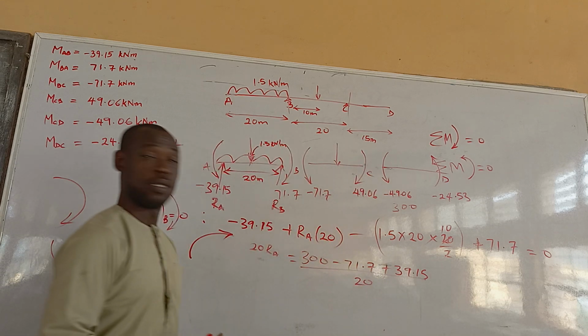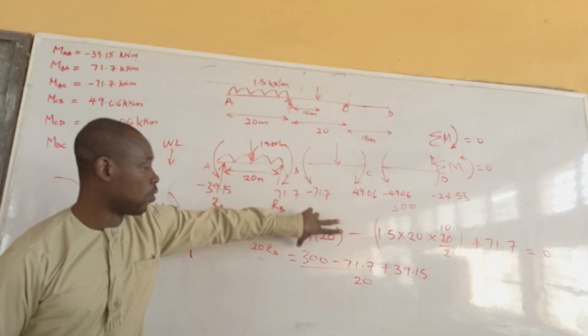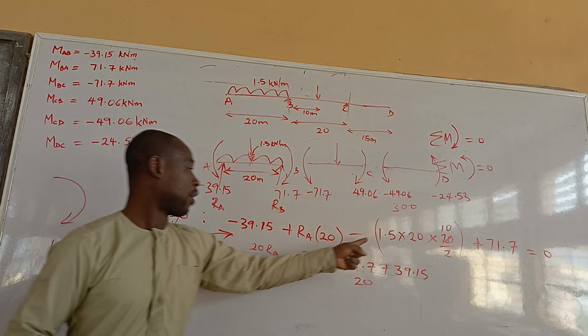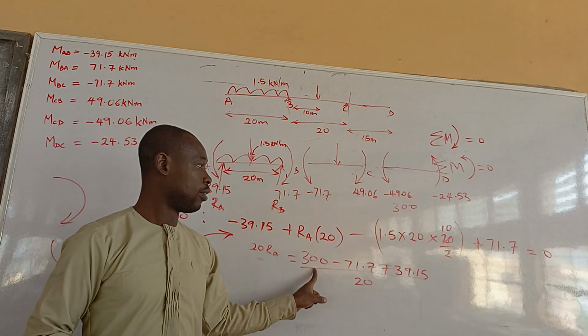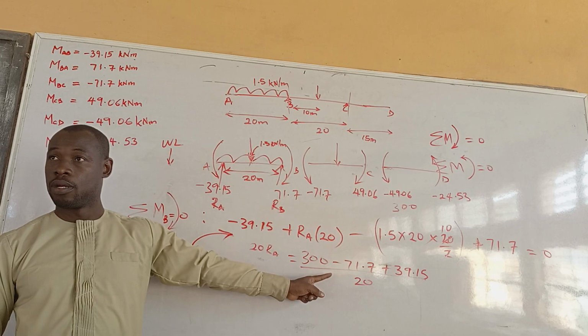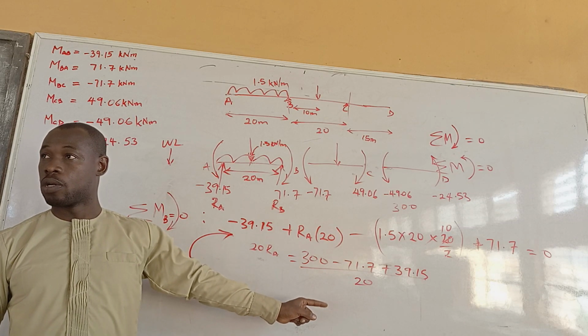You agree with me? From here, this is what we want to make the subject of the formula. If you carry this one to this side, it will be positive. If you carry this one to this side, it will be positive. If you carry this one to this side, it will be negative. You are not following me?